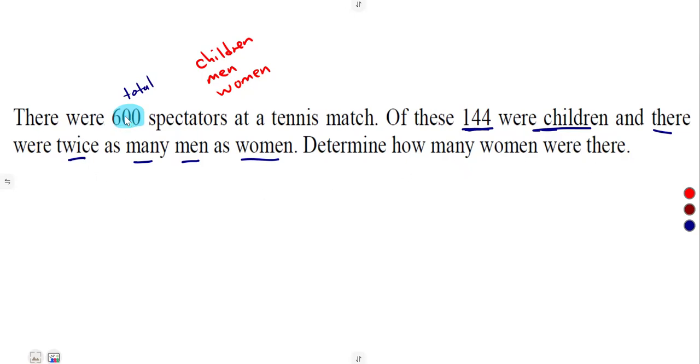There is a total of all. So this is a simple equation where you are supposed to add children plus men plus women. Let's say C for children, M for men, W for women. It was supposed to be like this: children plus men plus women is supposed to give us a total of 600.